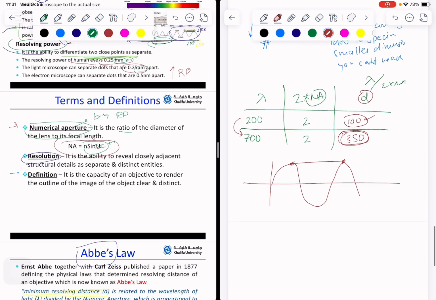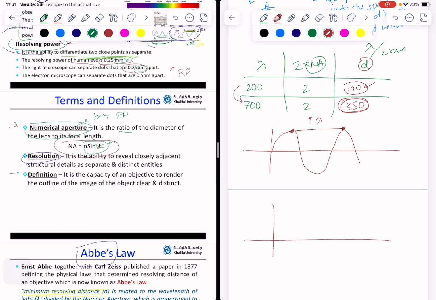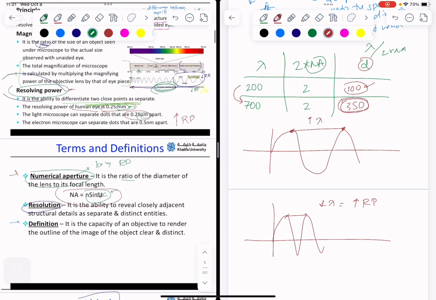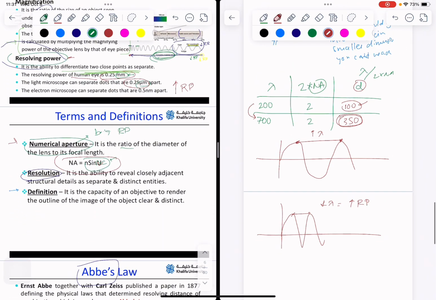So if this is the first one, which has a really high wavelength, the second one is gonna have shorter wavelengths. And I said in the slides above, shorter wavelength is better because it gives me a higher resolution power. Just explain it here: shorter wavelengths, higher resolving power or resolution power. So this is when you increase the wavelength.